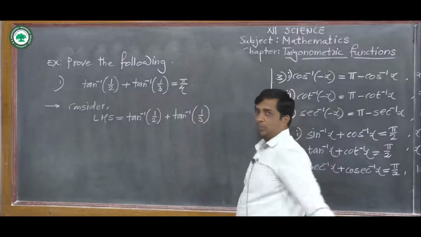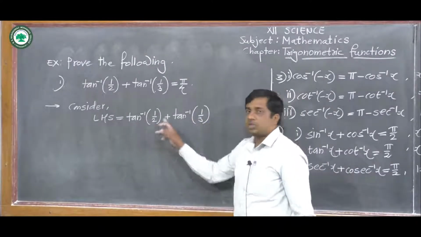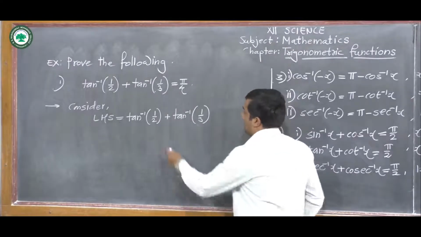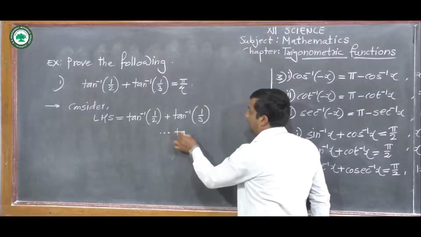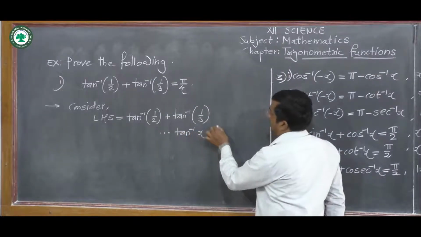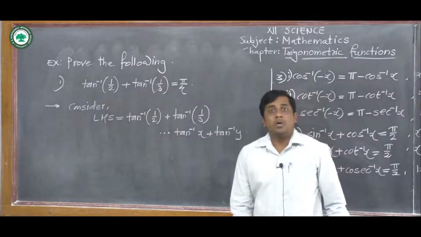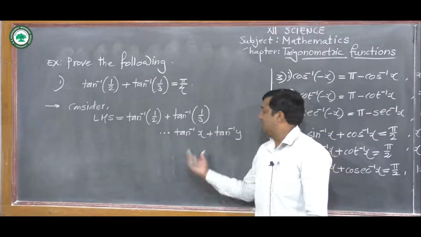Now everyone knows that this is in the form of tan inverse of x plus tan inverse of y, and we know the property related to this form.